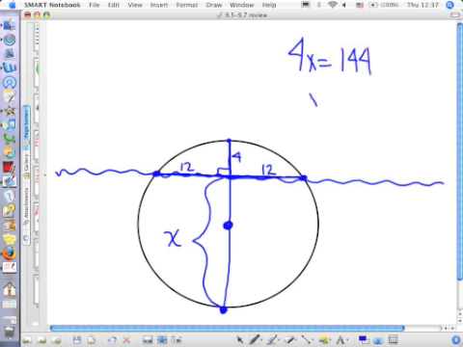And when I divide both sides by 4, I get 36. Okay, so follow with me now. The question was, what's the length of the radius? From here to here is 36, which means the whole thing is 40. So if a diameter is 40, then the radius is 20.